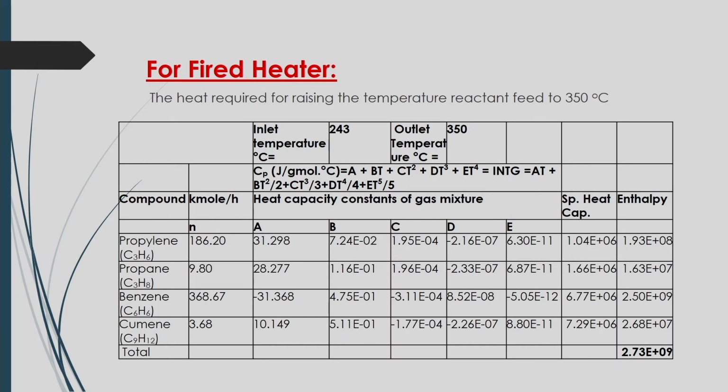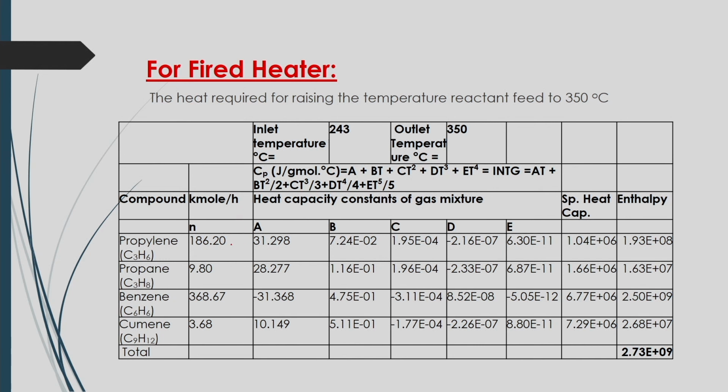For that, we have to calculate the enthalpy for the individual components of the mixture. The compounds before going to the fired heater are propylene, propane, benzene, cumene, and their respective flow rates for that fired heater are already calculated based on the material balance.